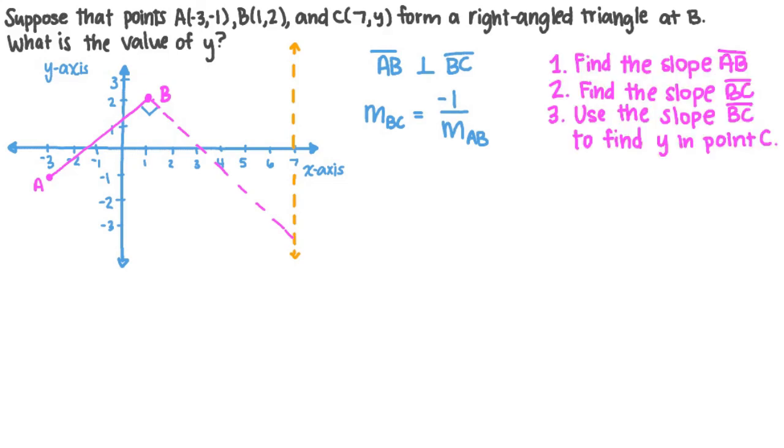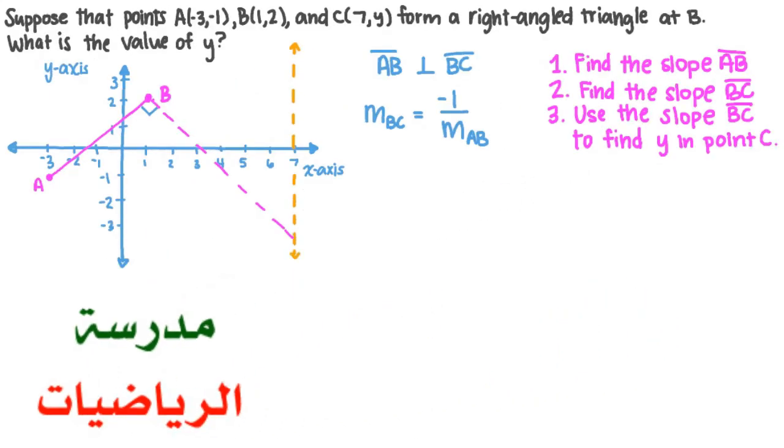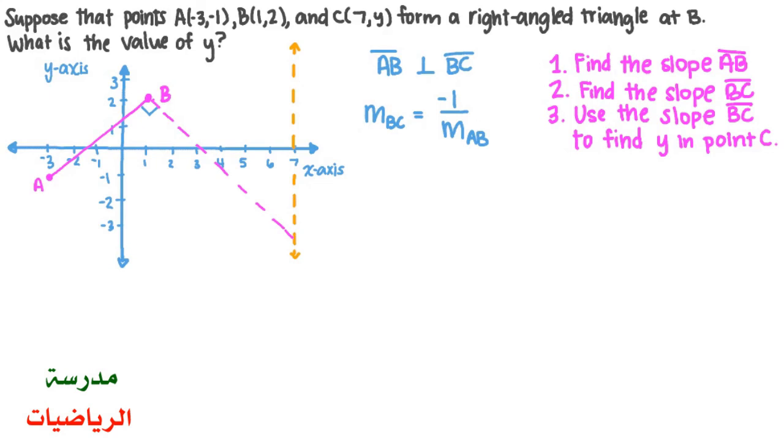To solve this problem, we'll need to do three things. First, find the slope of line segment AB. Use that slope to find the negative reciprocal, which is the slope of line segment BC. Then take the slope of line BC and use that to find the y value in point C.